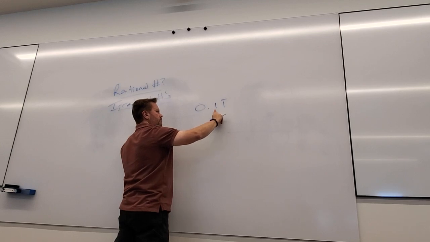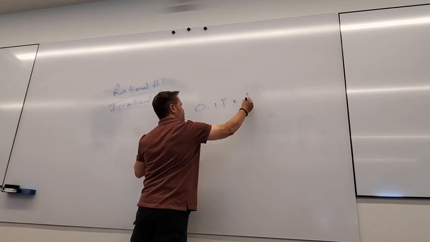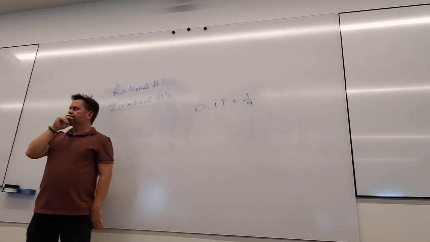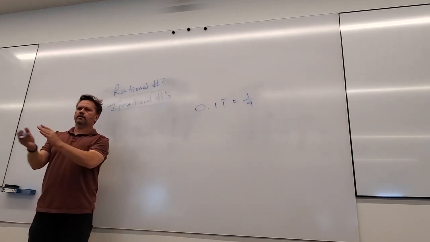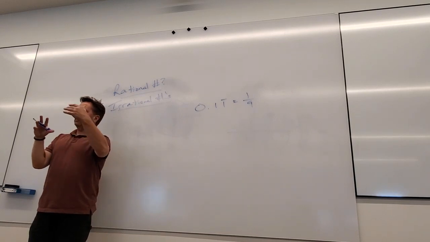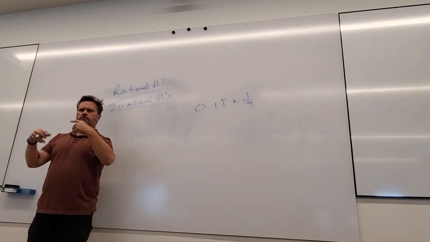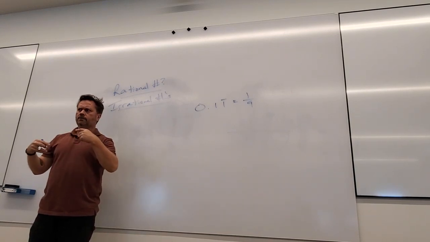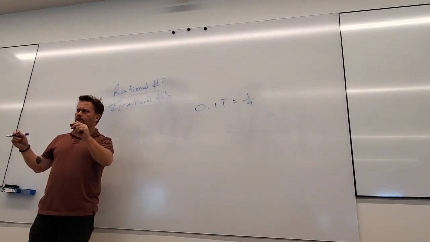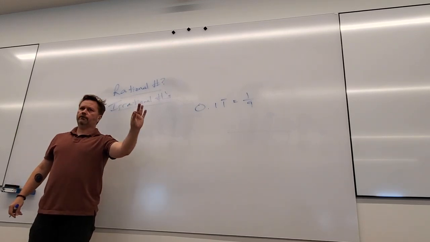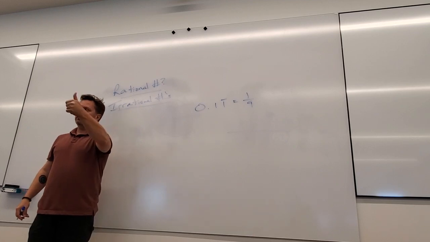1/9. Close, it's 1/9. And real quick, do you guys remember when we did that, we set it equal to x, and then we did 10 times that? Yeah, remember that process? So any decimal that has a pattern to it, that repeats, can be made into a fraction, correct?